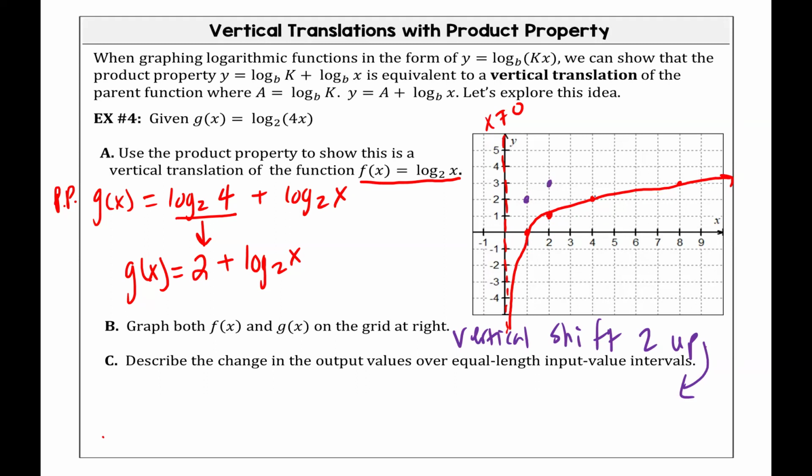Instead of being at 4, 2, we're now at 4, 4, and instead of being at 8, 3, we're now at 8, 5. So instead of us having to manipulate the x's, we just had to count and move our y's.